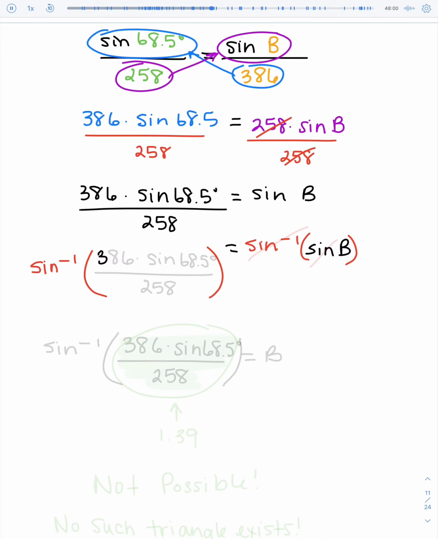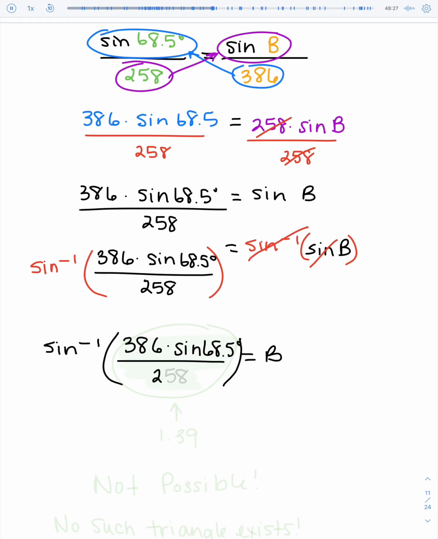It was our 386 times our sine of 68.5 degrees all over our 258. So remember, we did this so that the sine and inverse sine will cancel out, and we've got now B, our angle B, equals inverse sine of 386 times sine of 68.5 all over 258, and now we need to use our calculator.